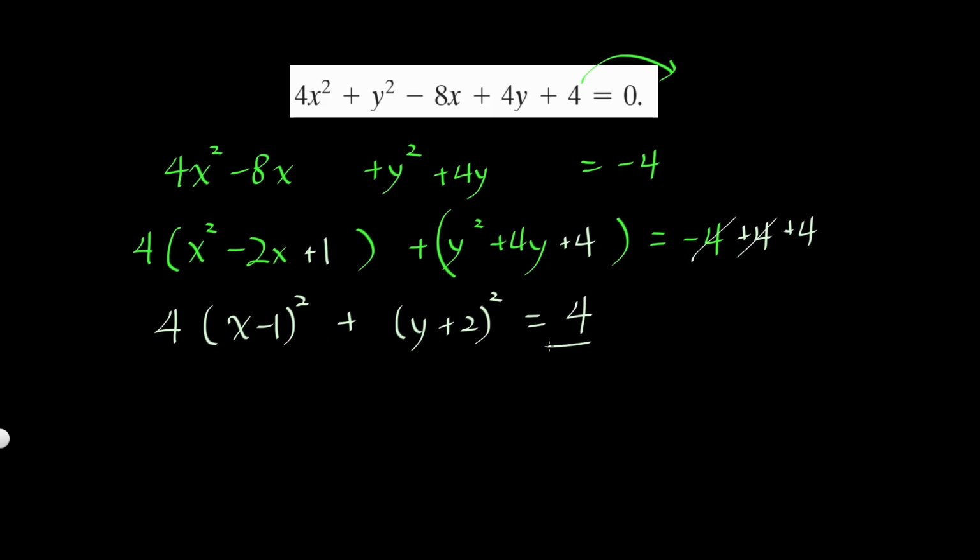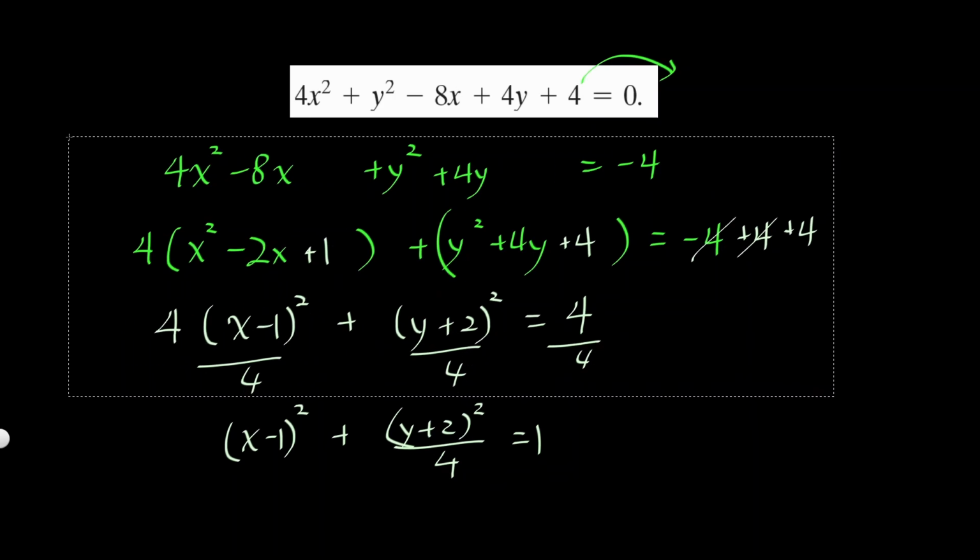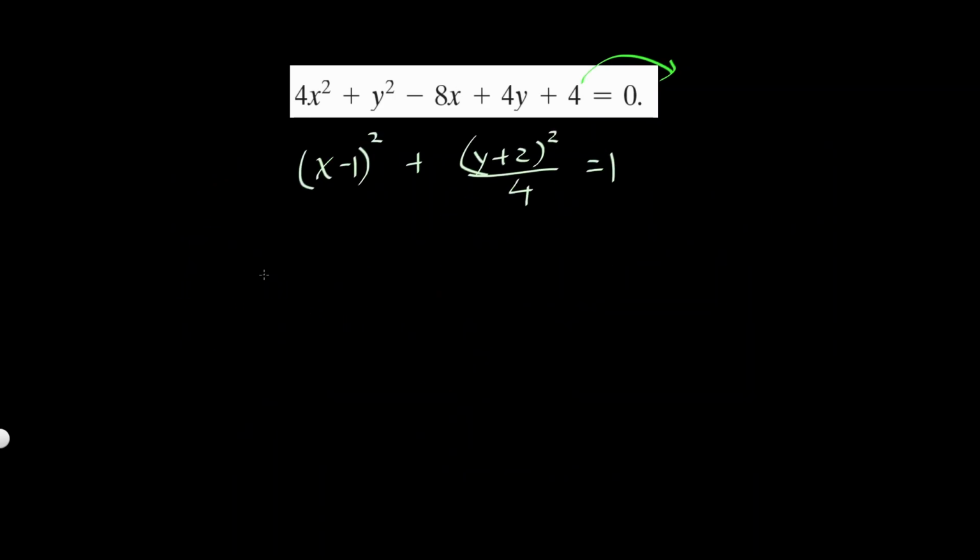Now, divide by 4 everywhere. So I have (x minus 1) squared plus (y plus 2) squared over 4 is equal to 1. Okay, let's graph this now. So this is the standard form now.